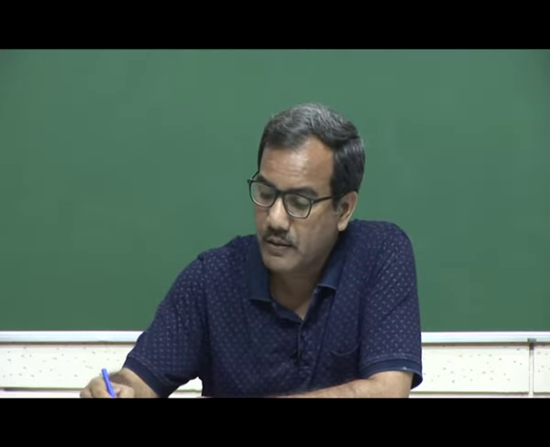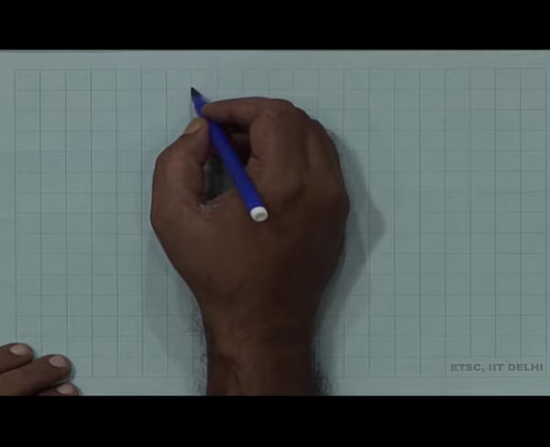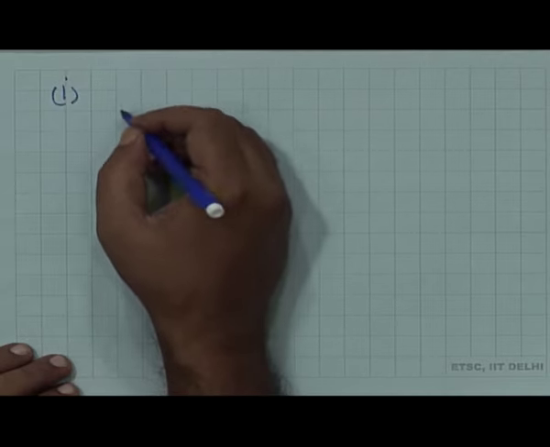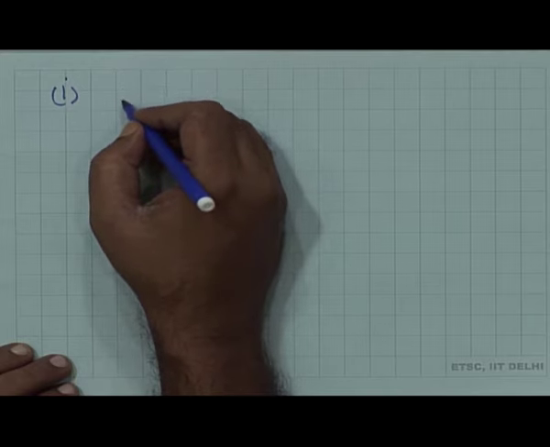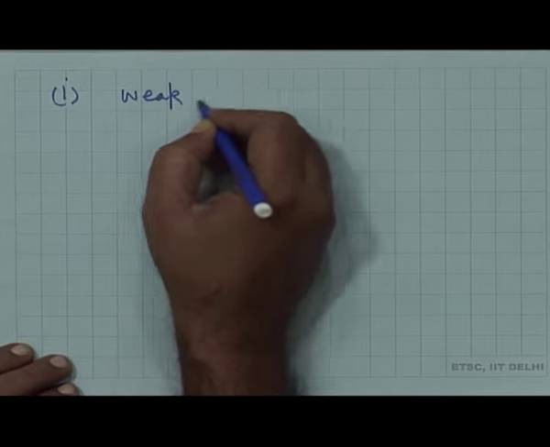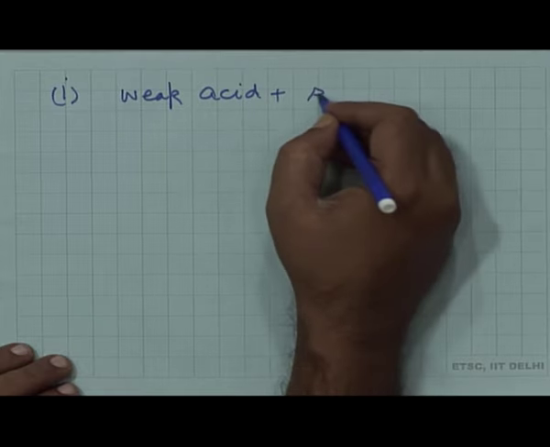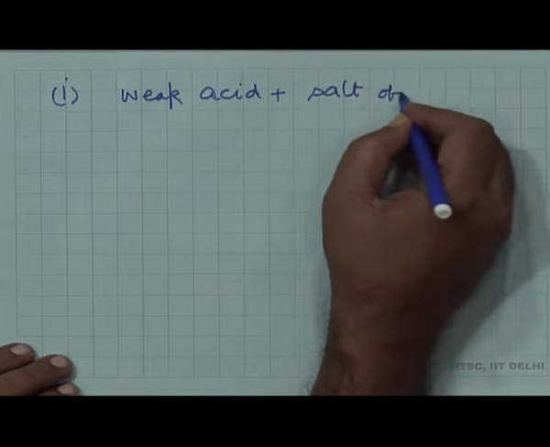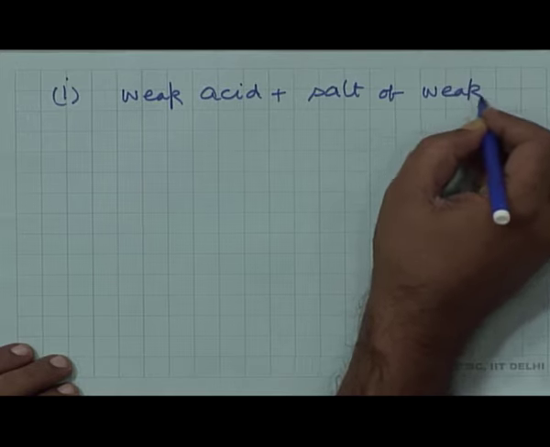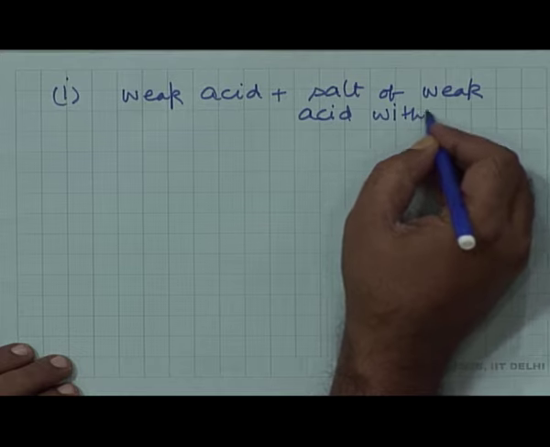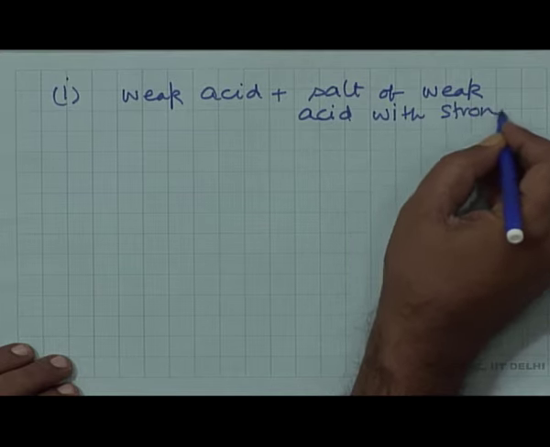There are different types of buffer. First is your weak acid in the presence of a salt of the weak acid with a strong base.